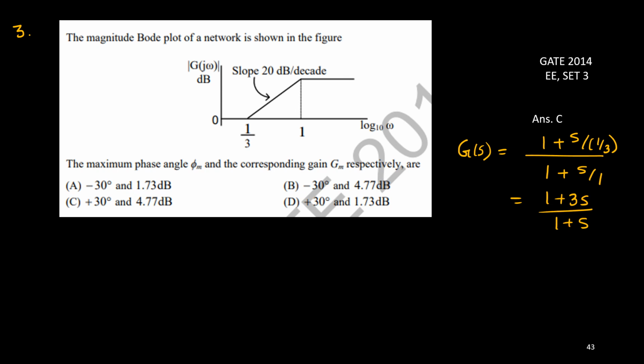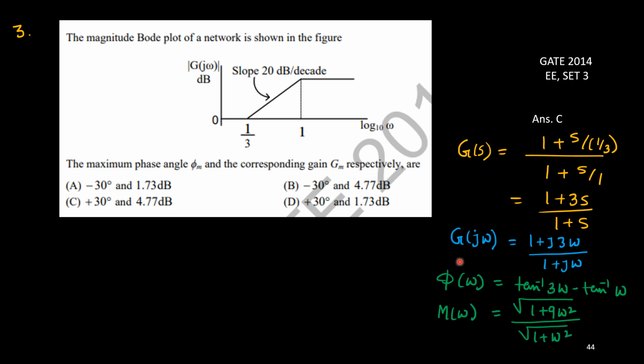Now if I replace s by j omega, I will get G of j omega, which is (1 plus j3 omega) upon (1 plus j omega). So the phase is tan inverse of y by x: tan inverse 3 omega for the numerator, minus, due to the pole it is a negative sign, tan inverse omega.